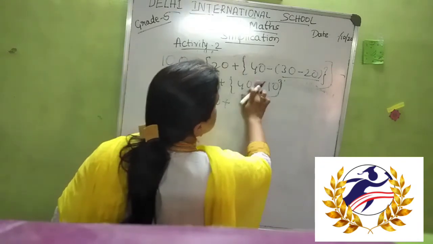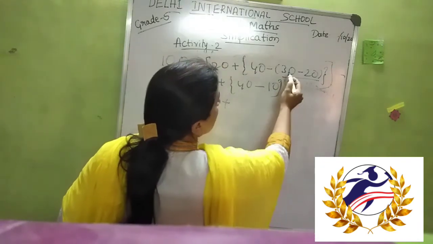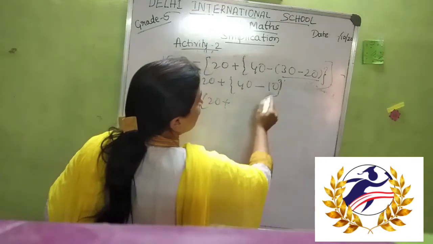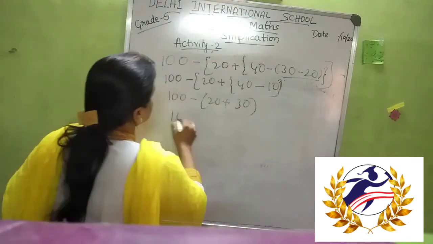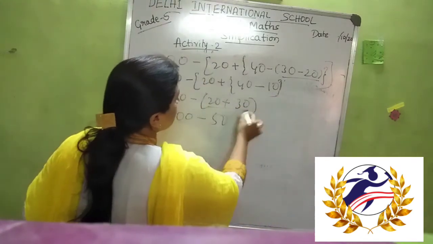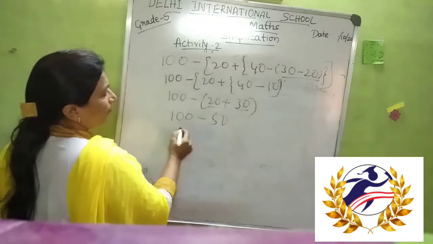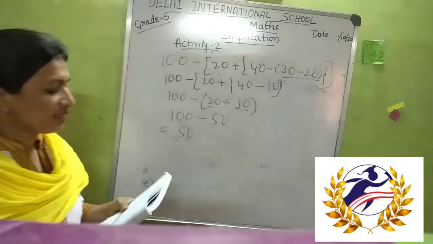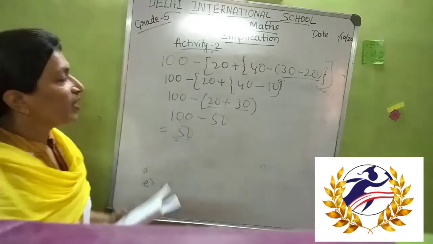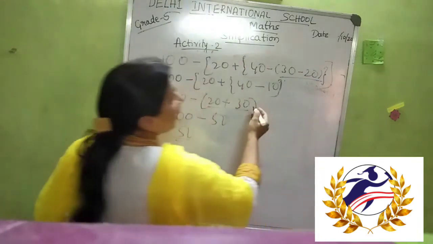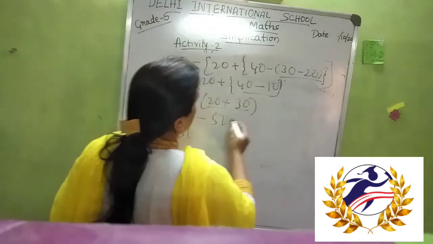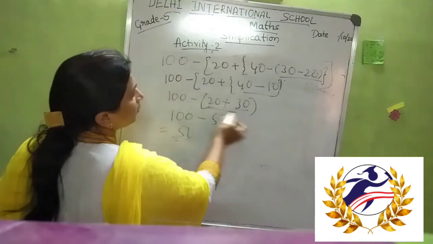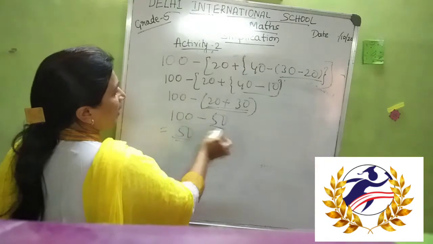Here minus is there now. 30 minus 20 is 10. 40 minus 10 is 30. So 100 minus 50, when solved, I get 50. So 100 minus 50 is 50. So 50 is the answer for the first problem. First I solved these two, and then I solved these two, and then I solved this one and then this one.